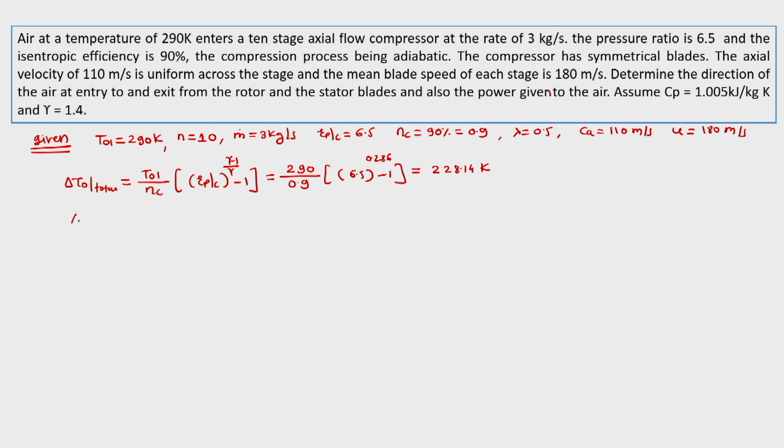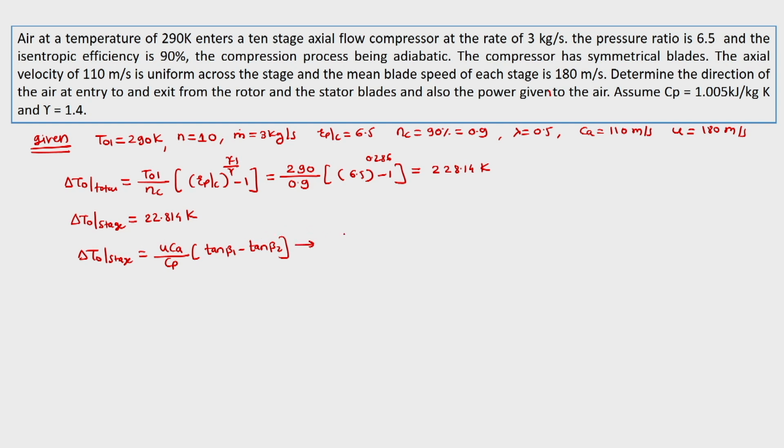So since there are 10 stages, delta T naught stage is equal to 22.814 Kelvin. But we know that delta T naught stage is equal to U by Ca upon Cp into tan of beta 1 minus tan of beta 2.